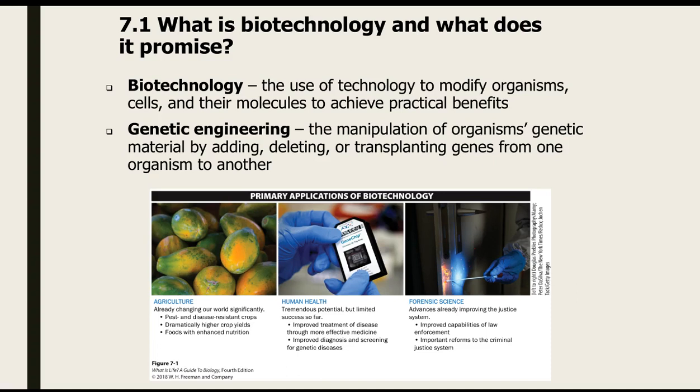We actually use biotechnology on humans to help make medicines, and maybe even eventually to change humans. It sounds a little scary, but that is one possible outcome. And then we do use it for forensics. We've already seen a little bit of that, the idea of how DNA evidence can be used, DNA fingerprinting, and things along those lines.